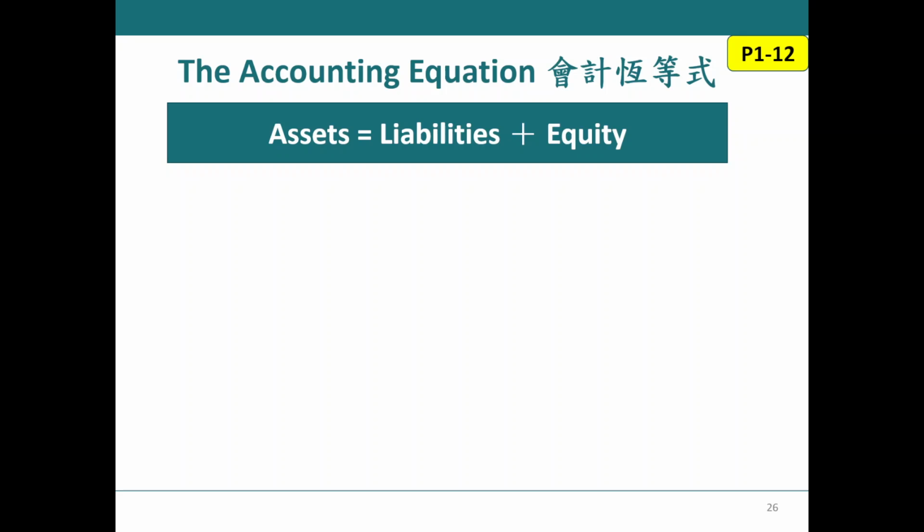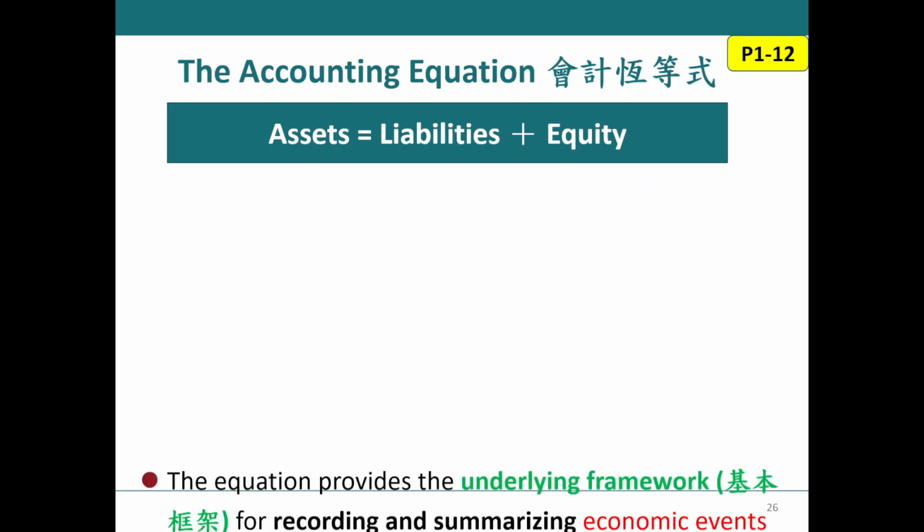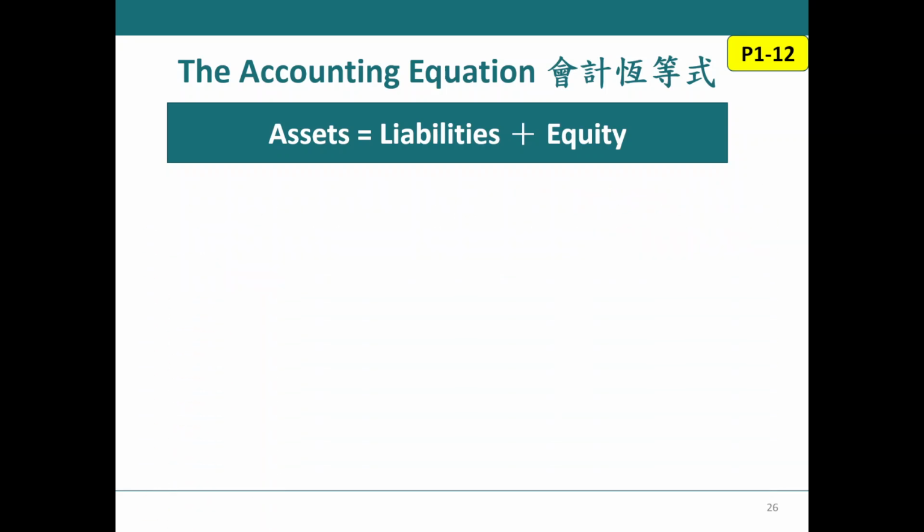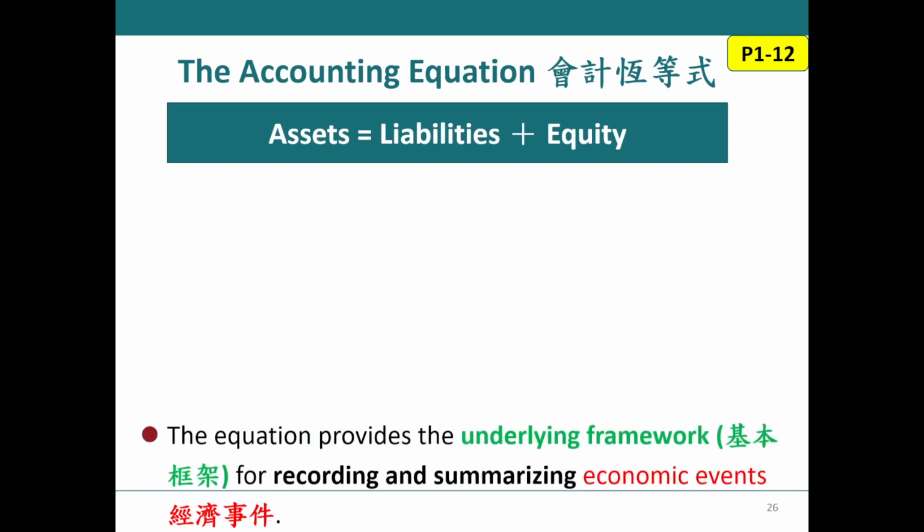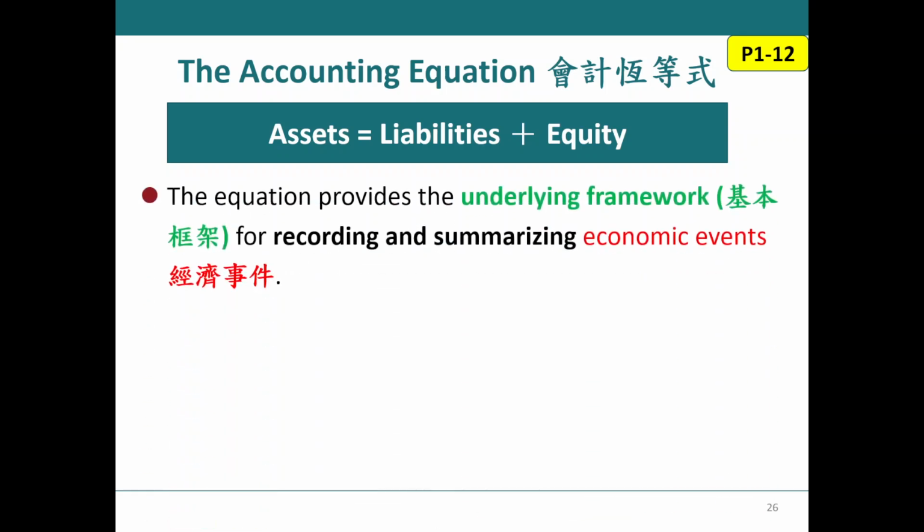Okay? In order to do the 3 accounting activities, the first basic concept you should understand is that in accounting we have only one formula. What's that? Assets equal liabilities plus equity. Okay? This is the only accounting formula we have. We use this framework to help us record and summarize economic events.